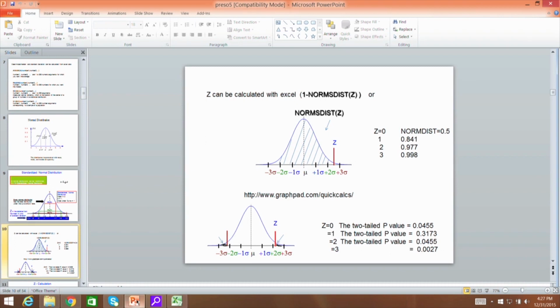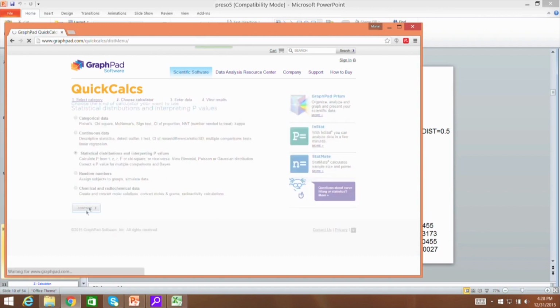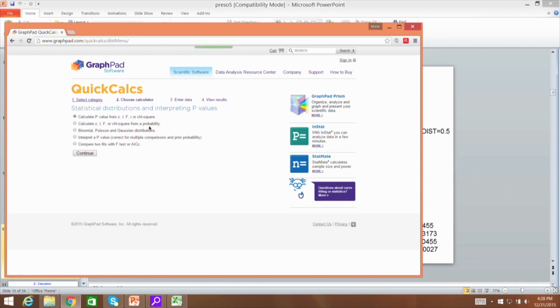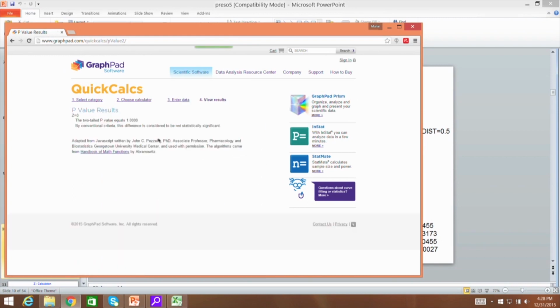So we can use GraphPad also to calculate. As you can see, it tells you how to calculate different parameters here, statistical distribution interpretation. So we can give a number. Suppose I give a number as 0, it is giving a p value, that is whatever is outside.